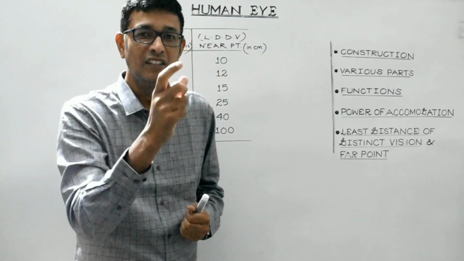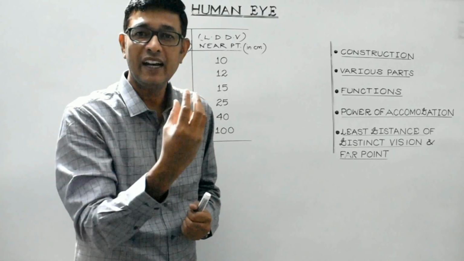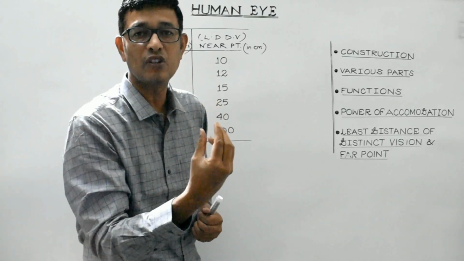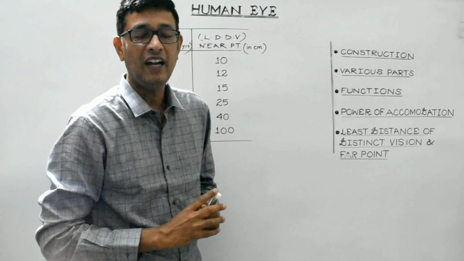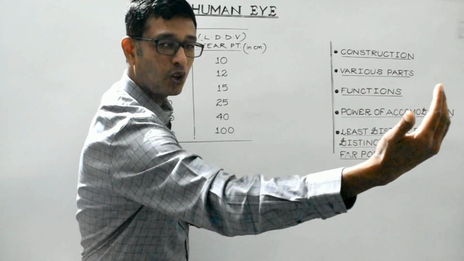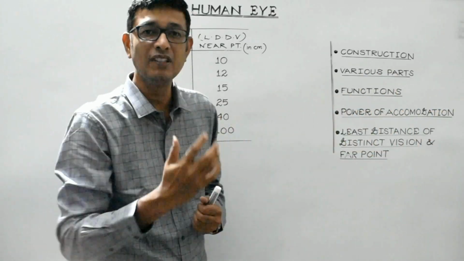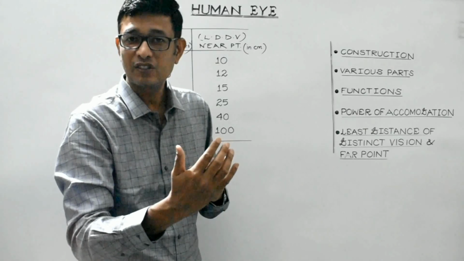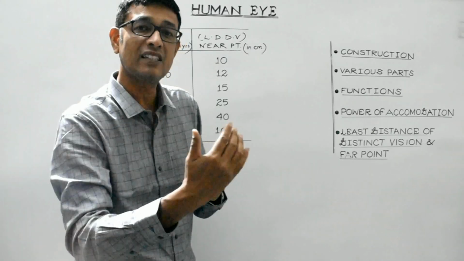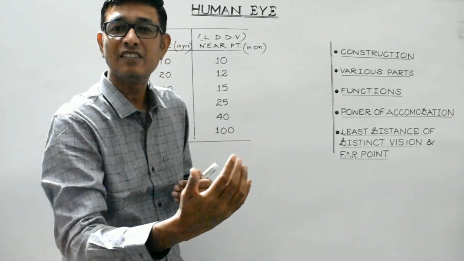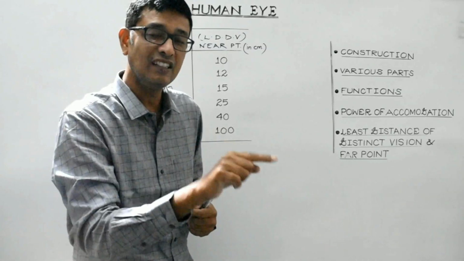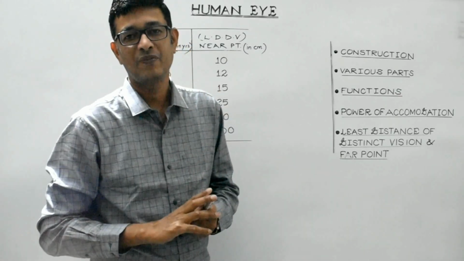So as a result, the ciliary muscles tend to adjust the aperture of the human eye. And as the object is brought closer to the eye, the thickness of the eye lens is maximum and the focal length of the eye lens at that instant is minimum.